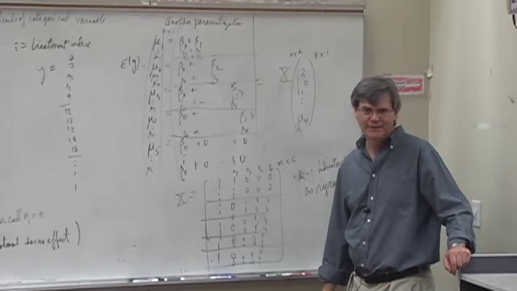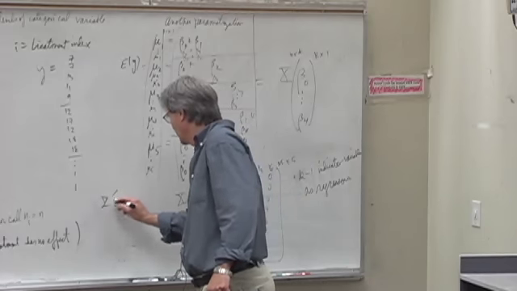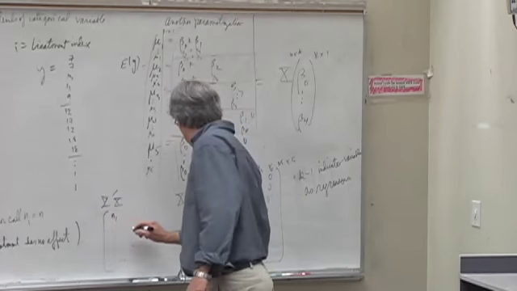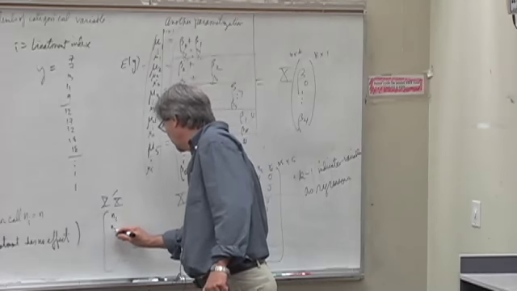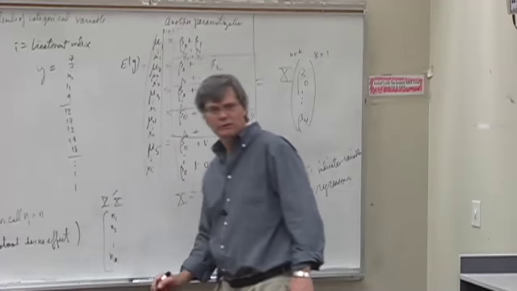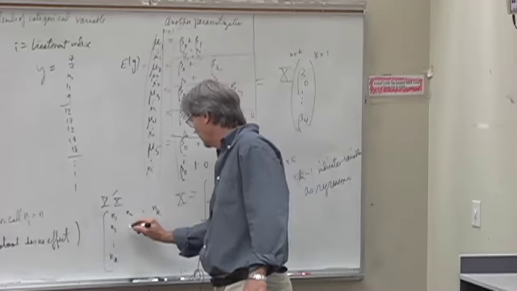diagonal. What you have is x prime x looks like n1, n2 down to nk. Those are the number of observations for each treatment level.